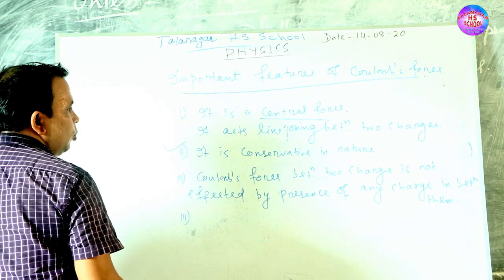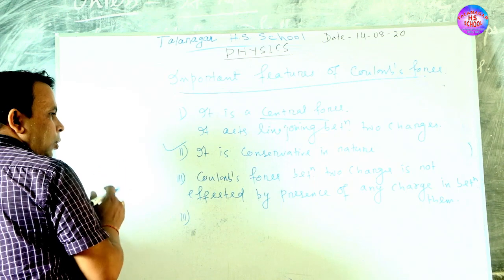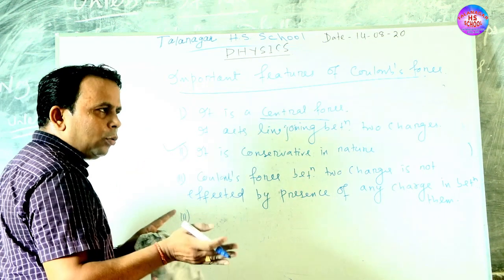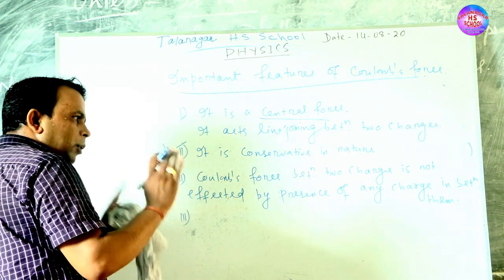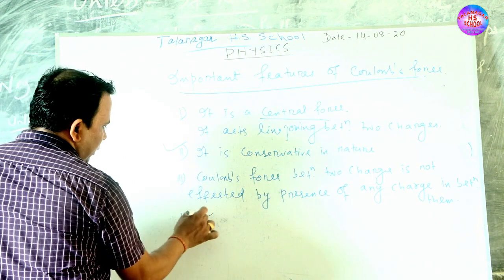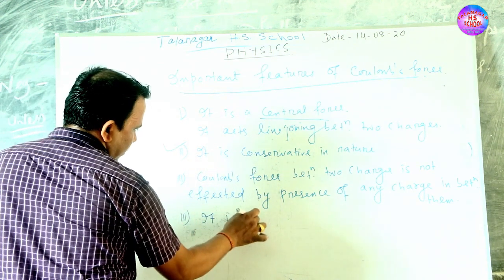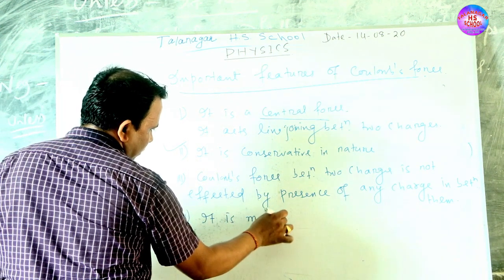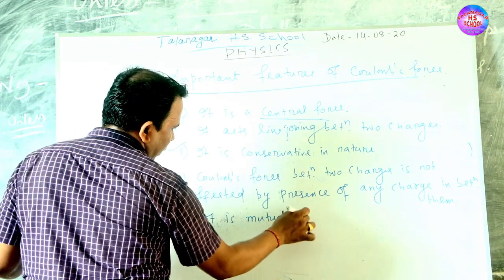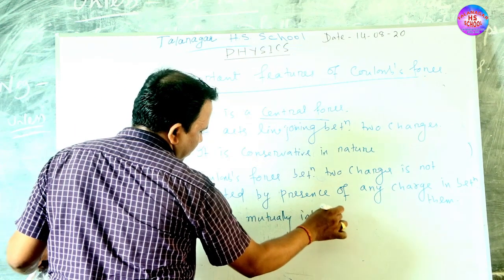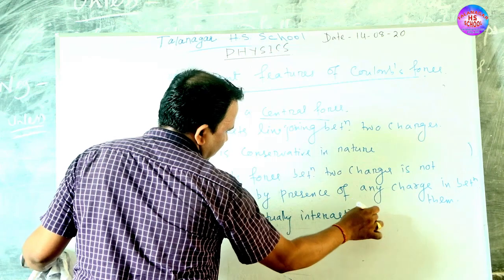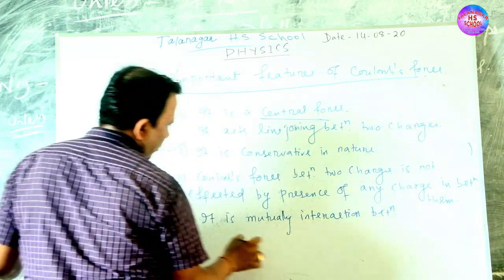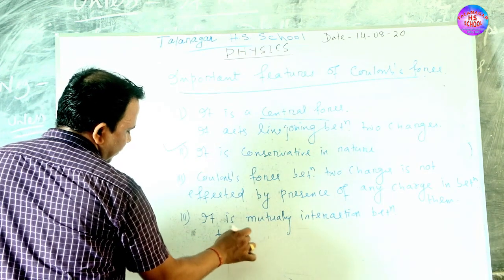Fourth, Coulomb force is a mutual interaction, because the force acting on charge q1 due to q2 is the same as on q2 due to q1. It is a mutual interaction between two charges.